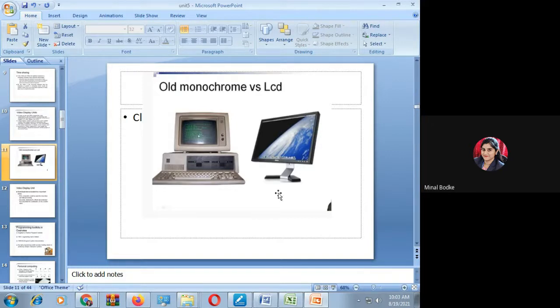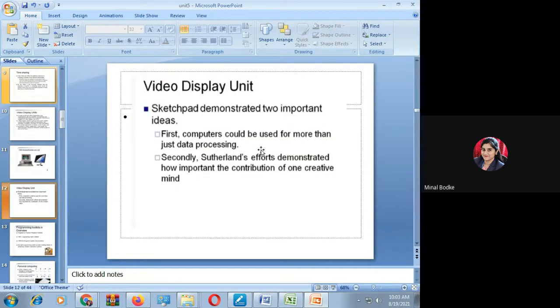In this way the user interacts with the system. And this is the latest you have, that is LCD. As I have said, Sketchpad was developed first, and it demonstrated that the computer can be used for data processing and also for drawing the usual objects.